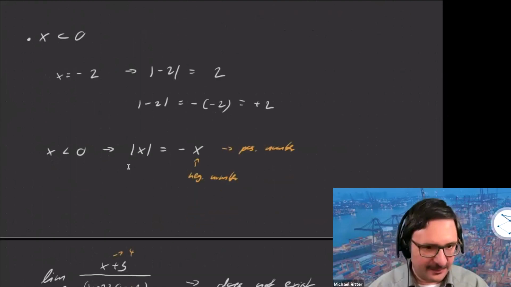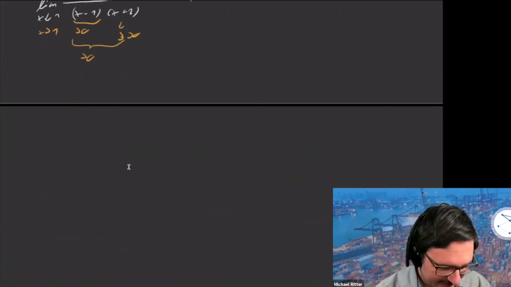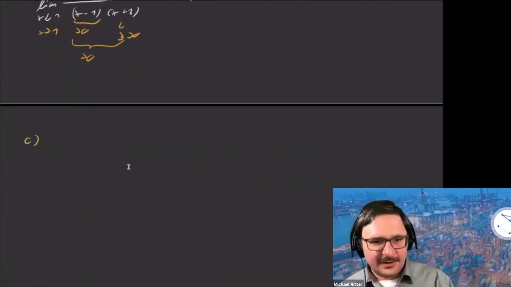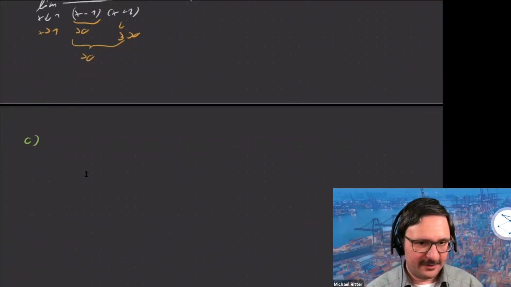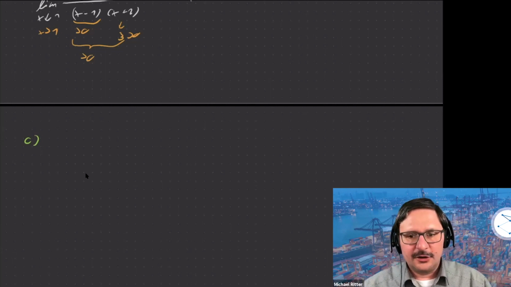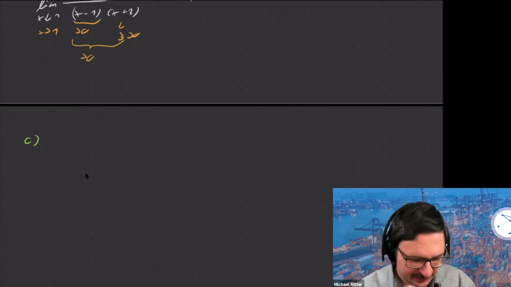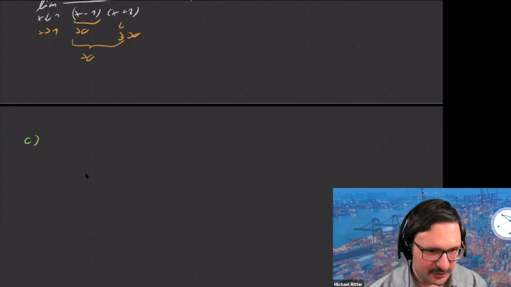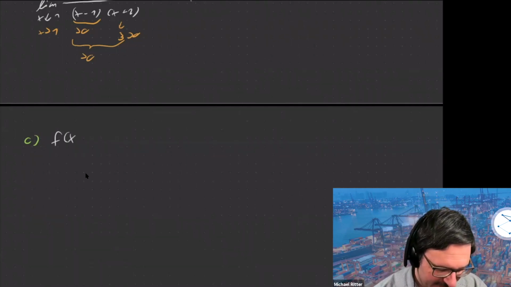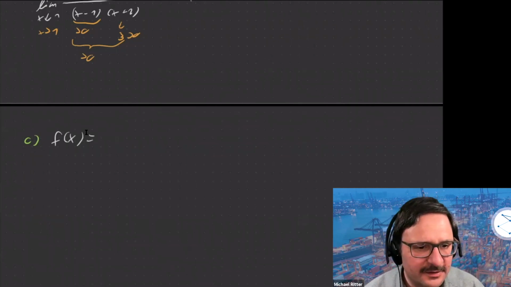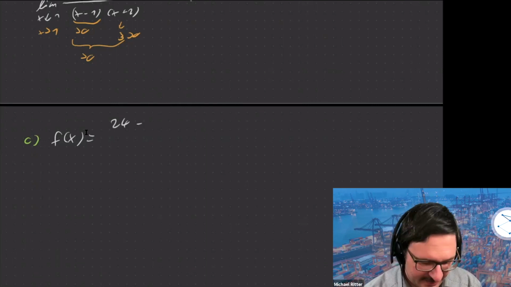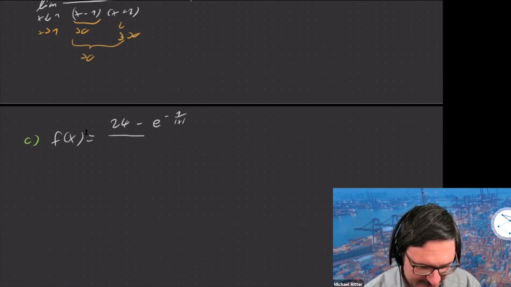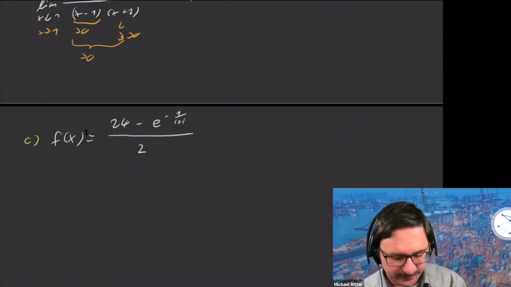Okay, so let's say we continue with part C, which is still missing. Determine the image of the function f. So basically we'll have to have a little look at how that function works. Let's write it down again. f of x is 24 minus e to the minus 1 over absolute value of x, divided by 2.